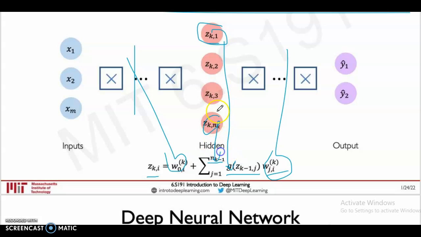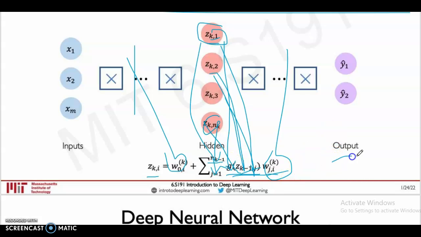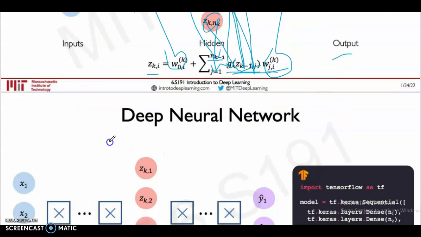That's it. Zk1, Zk2 and so on up to the output. Deep neural network.